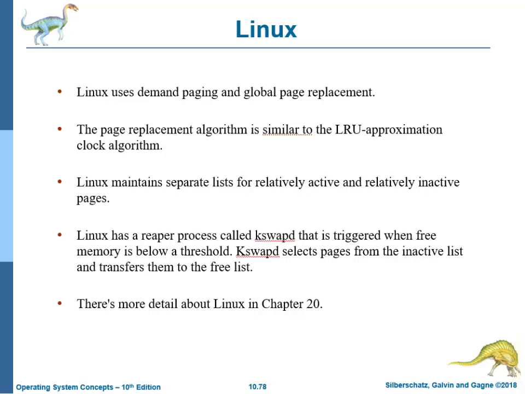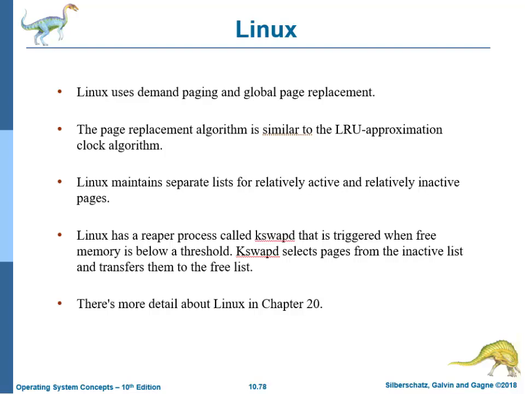In this section, we will describe how Linux, Windows, and Solaris manage virtual memory. Linux uses demand paging and global page replacement. The page replacement algorithm is similar to the least recently used approximation clock algorithm. Recall that this combines a queue, similar to first in, first out, with an array keeping track of the reference bits to give queued pages a second chance, so it is a second chance algorithm.